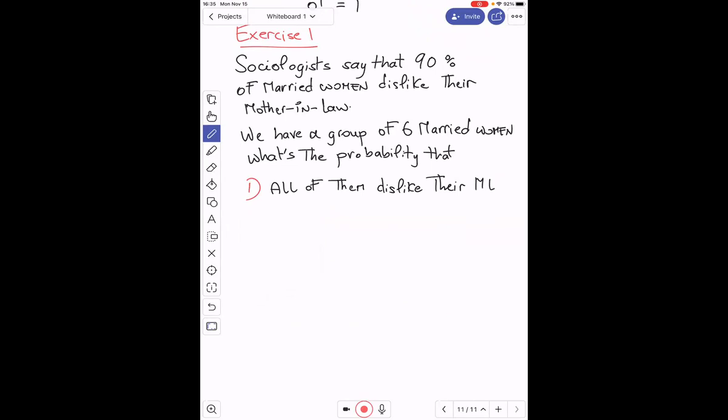So I'm gonna just write ML for mother-in-law, which is actually my initials. Anyway, number 2, none of them dislike their mother-in-law.